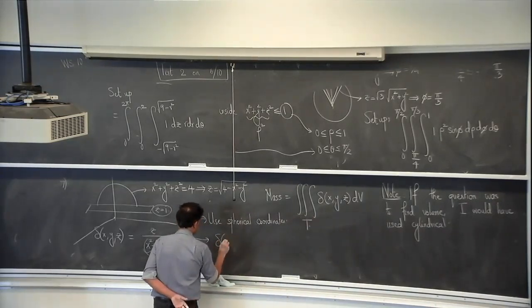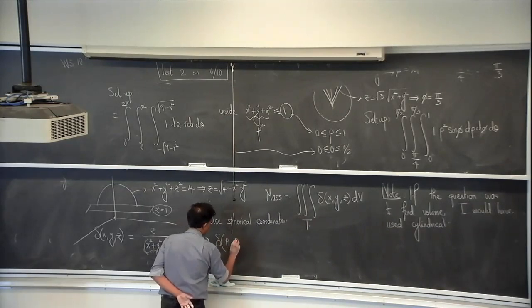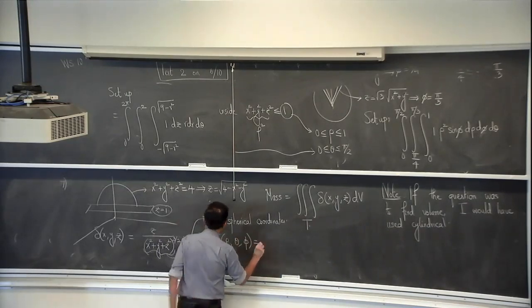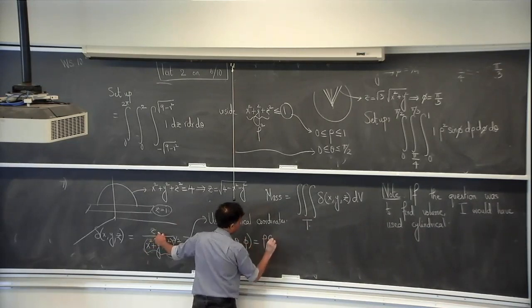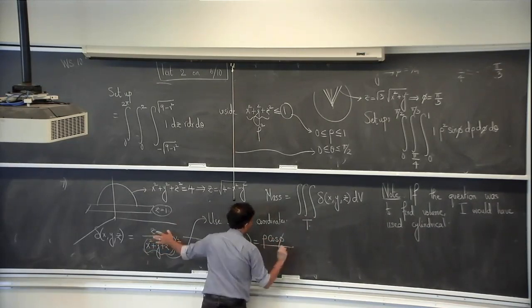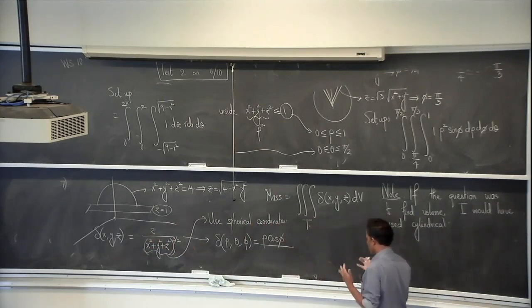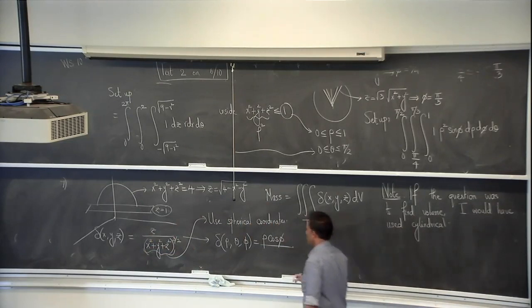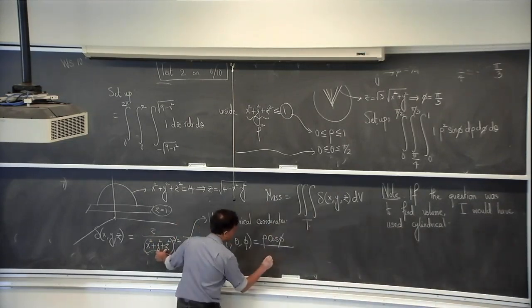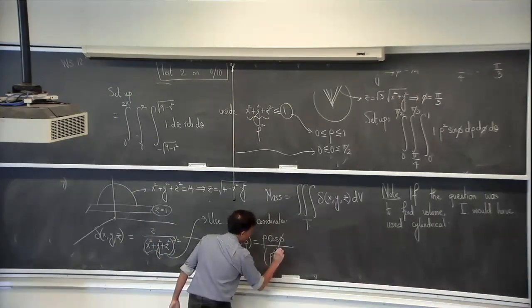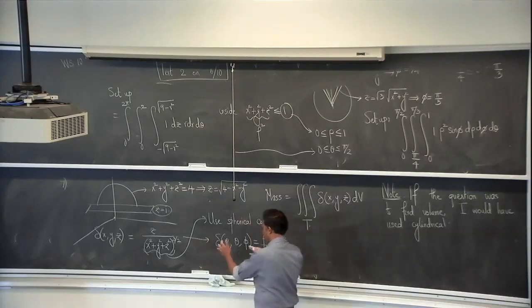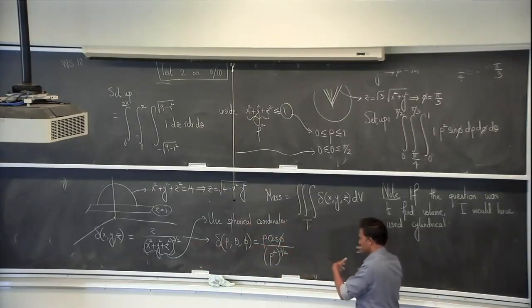So delta of rho theta phi. Z is rho cosine phi. Now you have to convert everything, right? You cannot have any more x, y, z or r or anything. You have to convert everything in terms of rho theta phi. And this is just rho squared to the power of 3/2. You don't have to plug in all that stuff and start simplifying things.